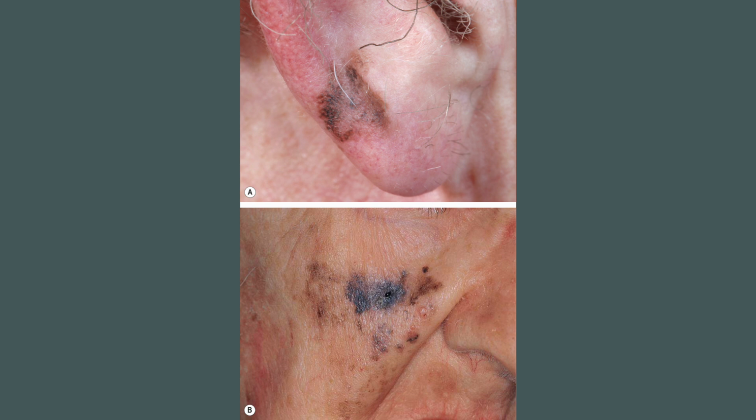This is lentigo maligna melanoma. It's an asymmetric pigmented lesion on the earlobe with irregular borders and significant variation in pigmentation. And then the lower image is a larger triangular brown patch in which there are multiple dark brown, black, and blue-gray papules and plaques.